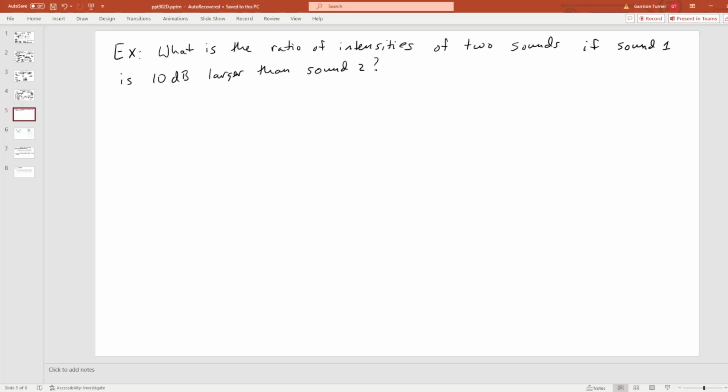We'll start with an example: what is the ratio of the intensities of two sounds if sound 1 is 10 decibels larger than sound 2?